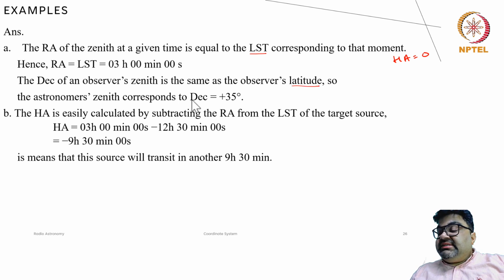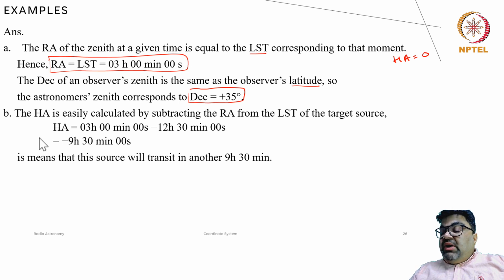So the zenith corresponds to delta equal to 35 degrees, and our RA is this. That's easy. The hour angle is easily calculated by subtracting the RA of the target source from the LST. So if you know the LST, then you can calculate the hour angle to be equal to this.